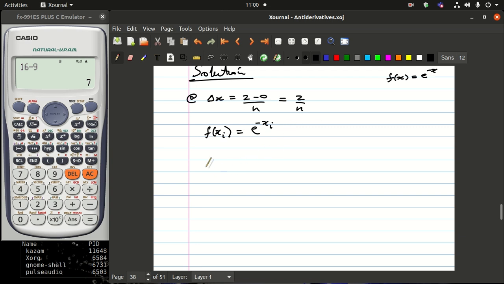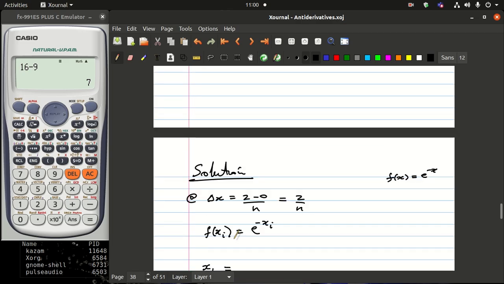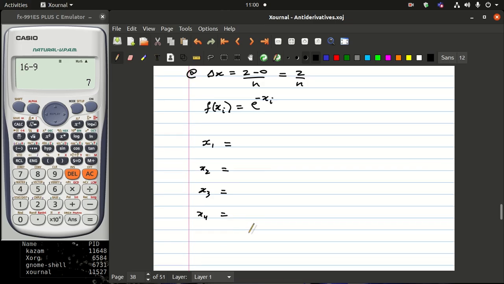The next thing, I wanted to talk about x1, and then x2, and then x3, and then x4, so that you can see the trend here. We are talking about the intervals that we are looking at.